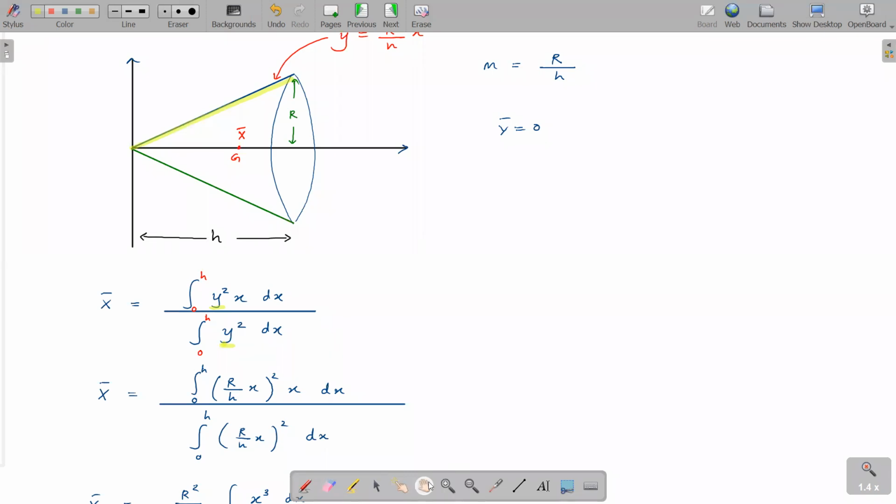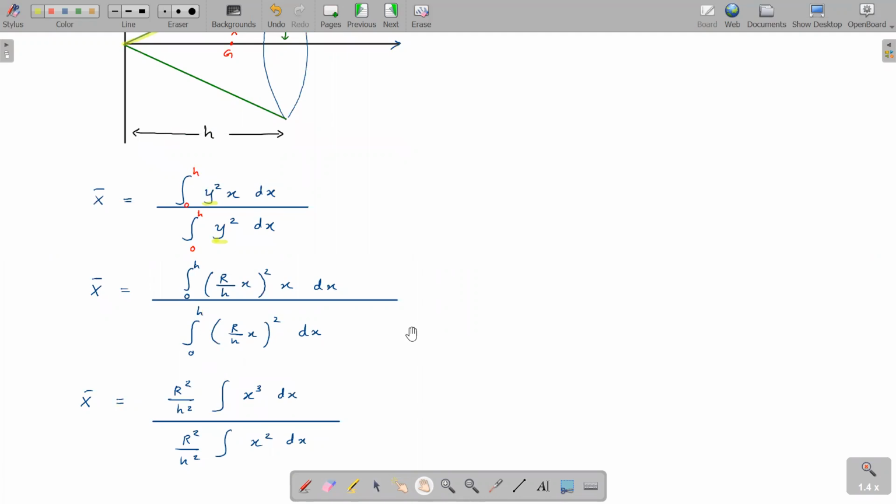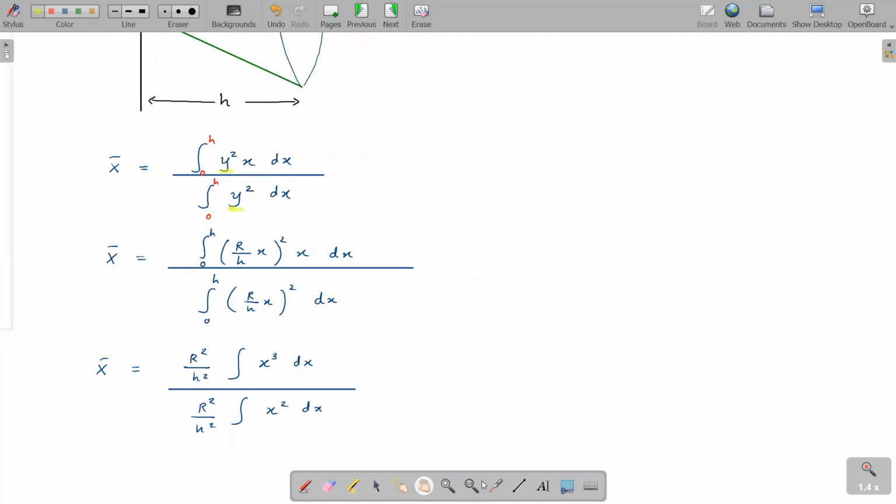All right, guys. So let's perform the integration. Now, when you're doing the integration, make sure you do the integration for the numerator separately and the denominator separately. Right, guys? So the numerator is going to be r square over h square times x square into x. Can you guys see? And the denominator is going to be r square over h square times x square, because the square goes to everyone.